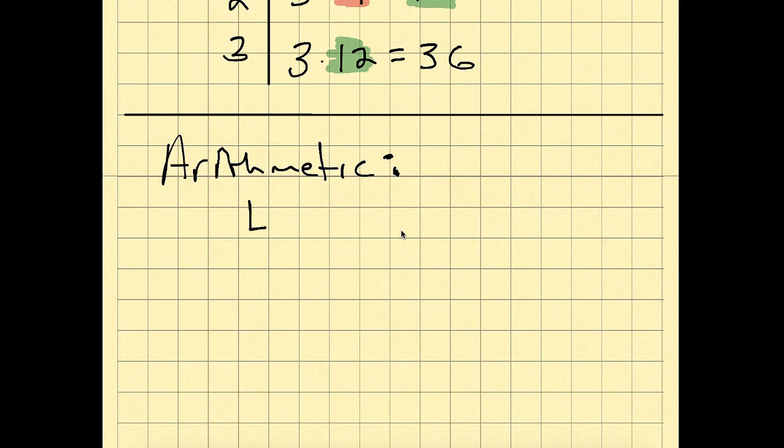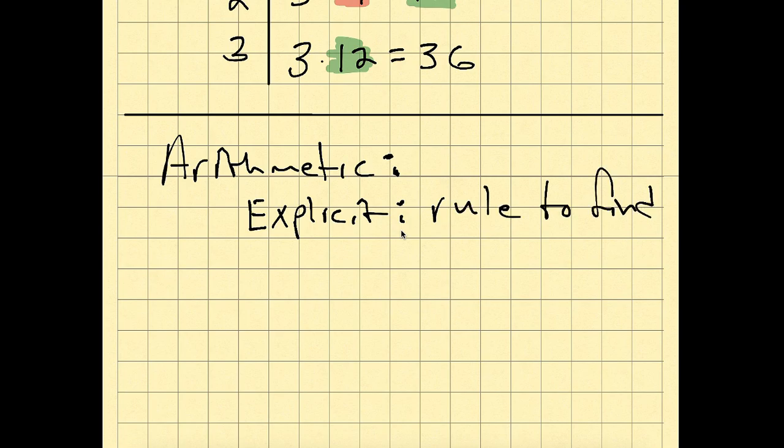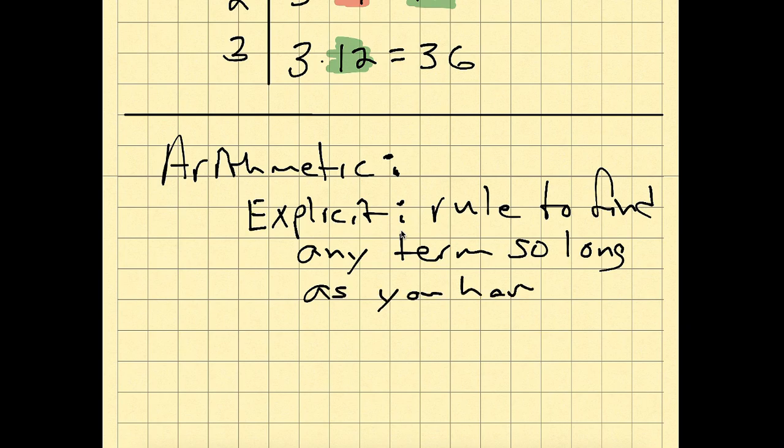There's a thing called an explicit formula. Explicit rather than recursive. Recursive uses the previous term. Explicit finds a rule to find any term so long as you have an n value.